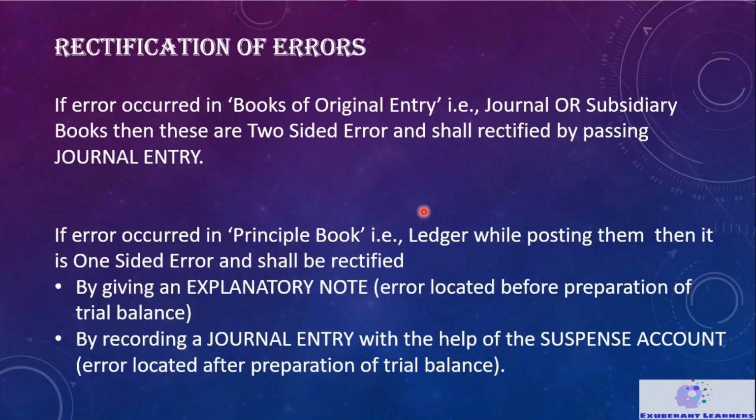So how to rectify them? Books of original entry: journal or subsidiary books. In case the errors occurred in journal or subsidiary book, these are two-sided errors, and these are always rectified by passing a journal entry.